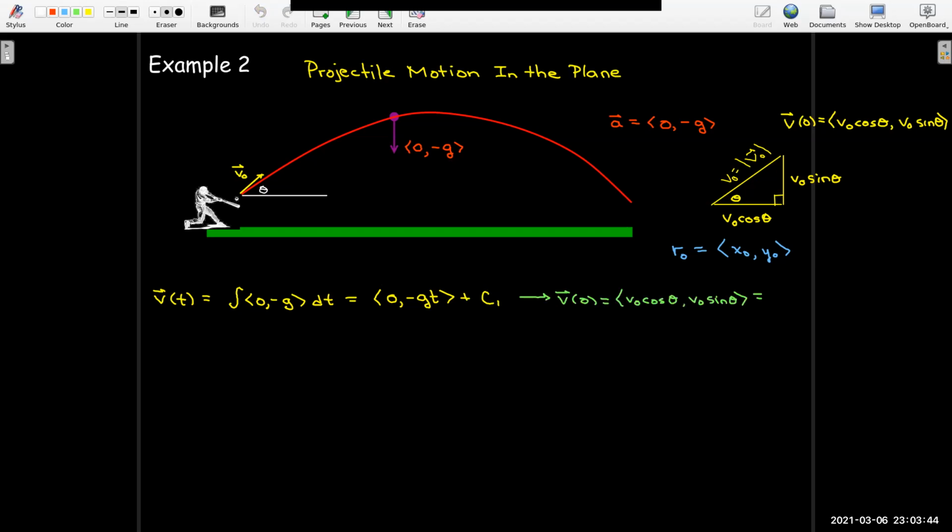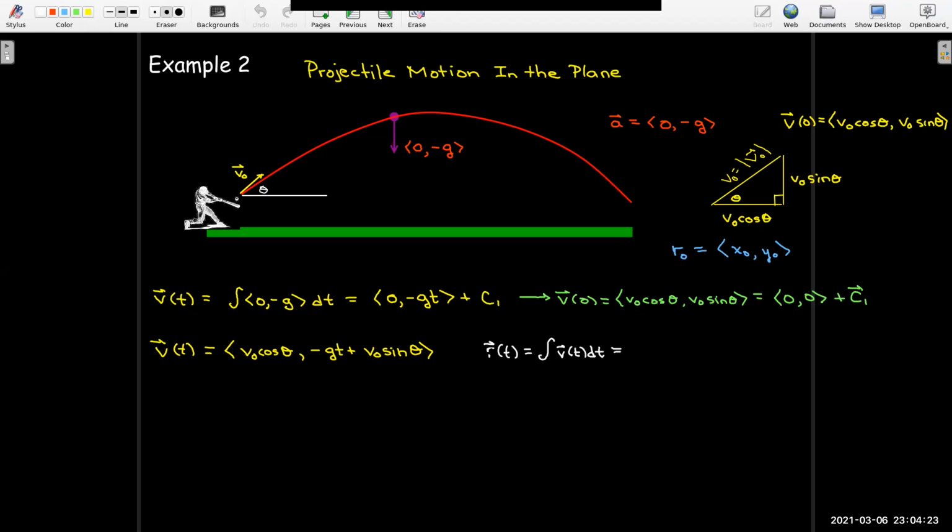If I use the initial condition for the velocity, that will tell me that the c1 vector is going to be v at 0, so the initial speed times cosine theta, comma, the initial speed times sine theta. So that will be our velocity. If we ever needed a formula for velocity, it would have those two components.